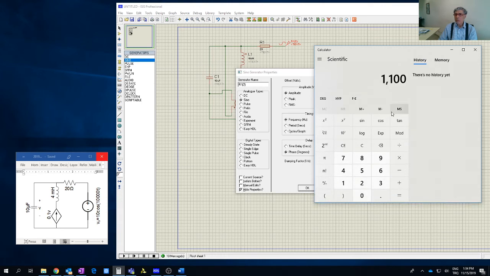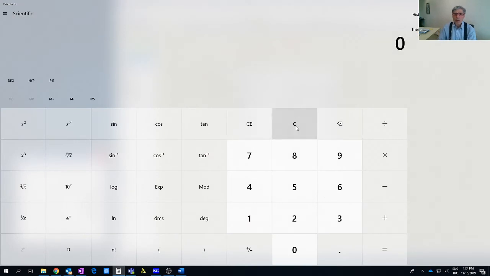I made a mistake, isn't it? So okay, clear them all. Anyway, cleared here.